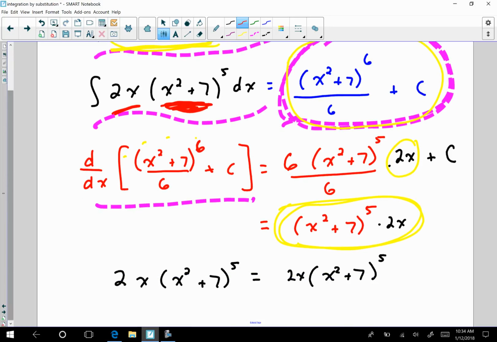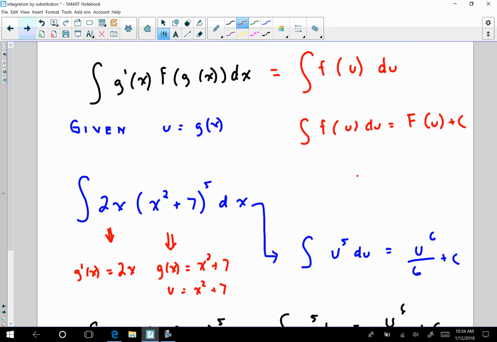And that's going to lead us to our first rule for integration by substitution. And here it is. If I have an indefinite integral of g prime of x times f of g of x, here's my composite function, with respect to x, that's simply going to be the antiderivative of f of u du, provided, ladies and gentlemen, that u is equal to g of x. And that's why the last example worked.